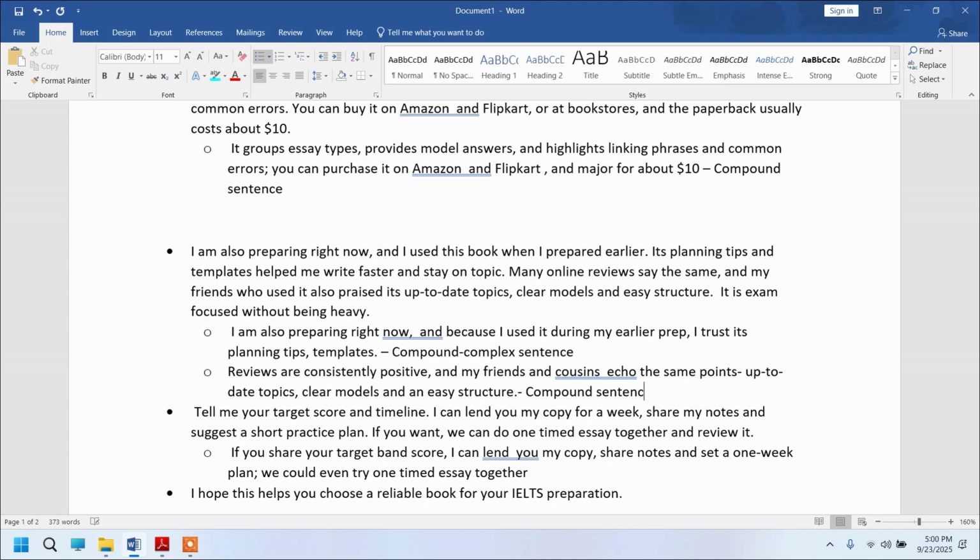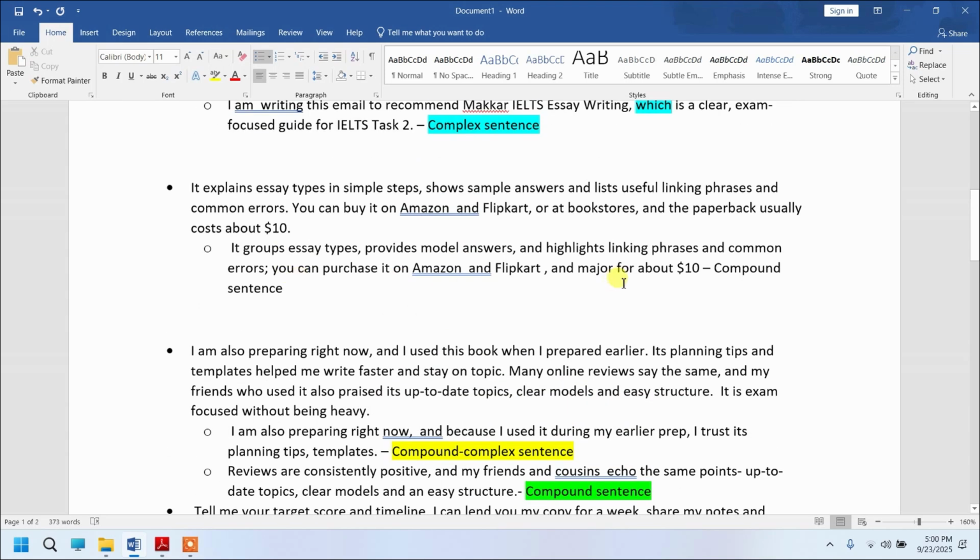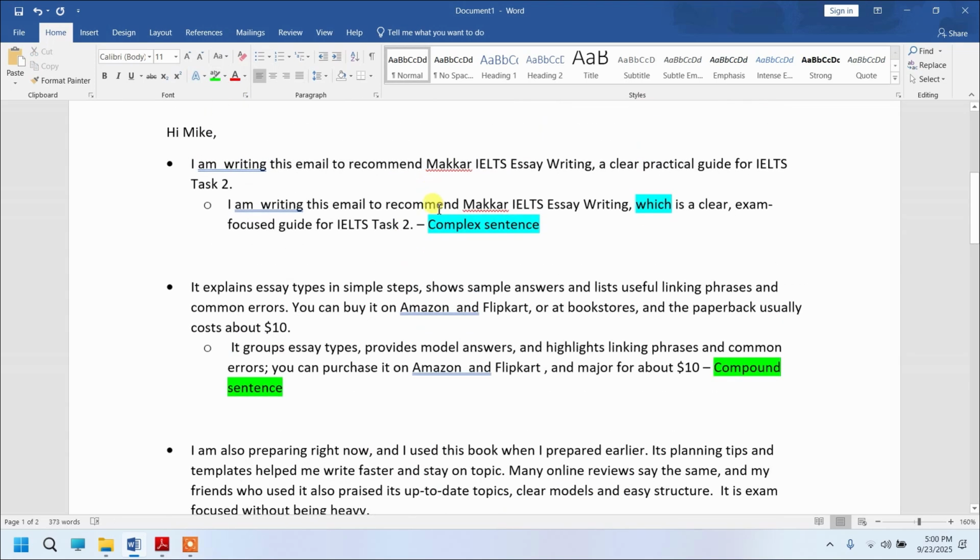Why? I have two independent clauses joined by and here. Okay. So this is my compound. Let me highlight compound with green. This is compound complex. Let me highlight it with this one. And this is a compound one. So again green, and this was your complex one.